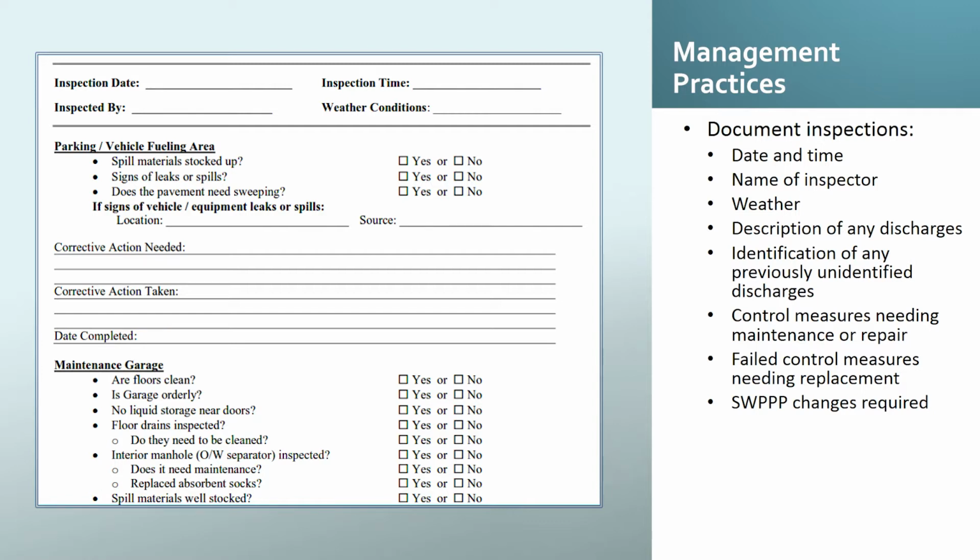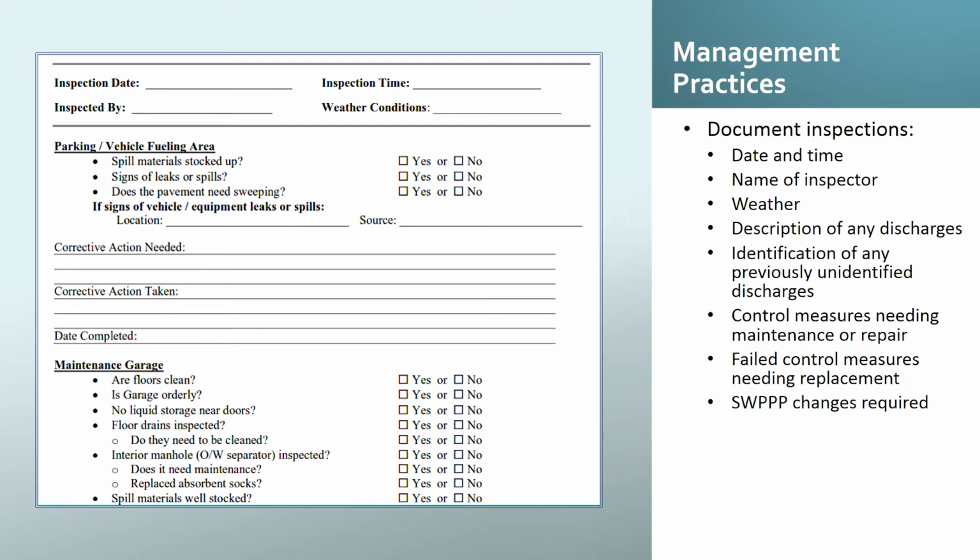If you have some discharge that you didn't know about or was not occurring, say you have a non-stormwater discharge, you need to document that. Document control measures that need maintenance or repair, so if there are any areas that aren't functioning properly or effectively. And you need to document any failed control measures that need to be replaced.